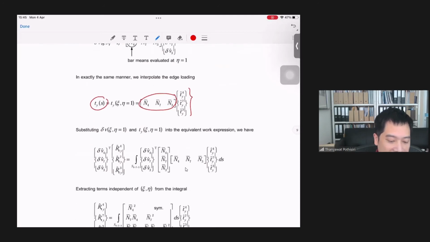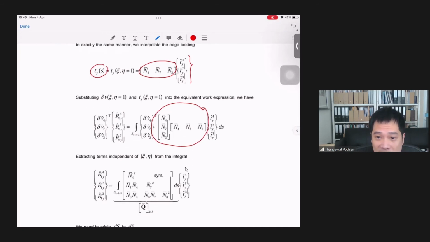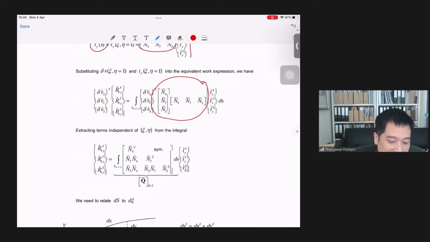If we do that, then again you would have something like the Q matrix, but this Q matrix now would involve only nodes 4, 7, and 3. So the Q matrix would be a 3 by 3 matrix in this case. So you have something like this.